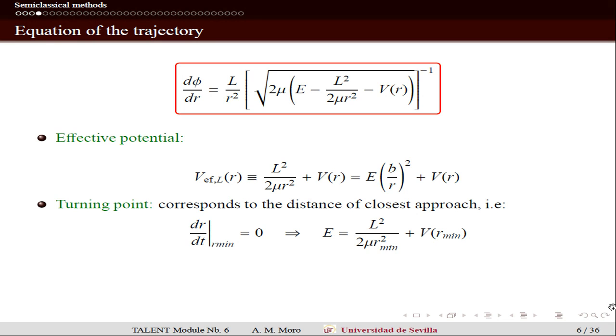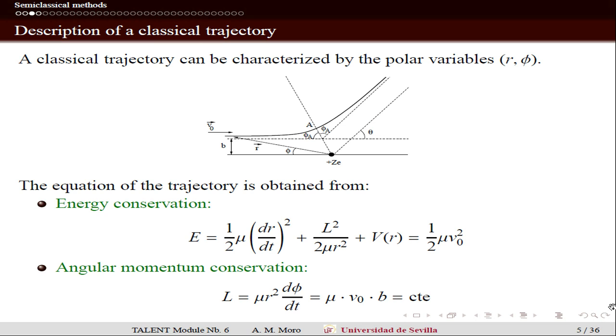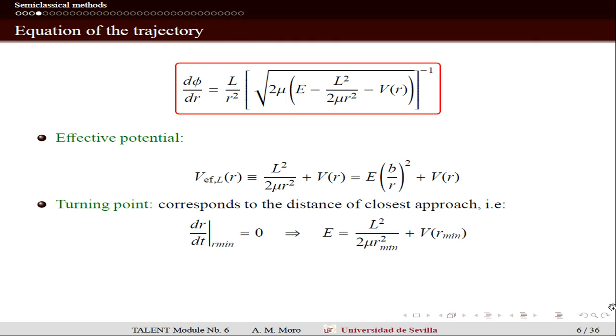Also, we will introduce the concept of the turning point, which we are going to use a couple of times. Remember, the turning point is the distance of closest approach in the classical collision. Going back to this picture, this is the turning point in this trajectory. It's the distance at which the modulus of this vector is minimum.